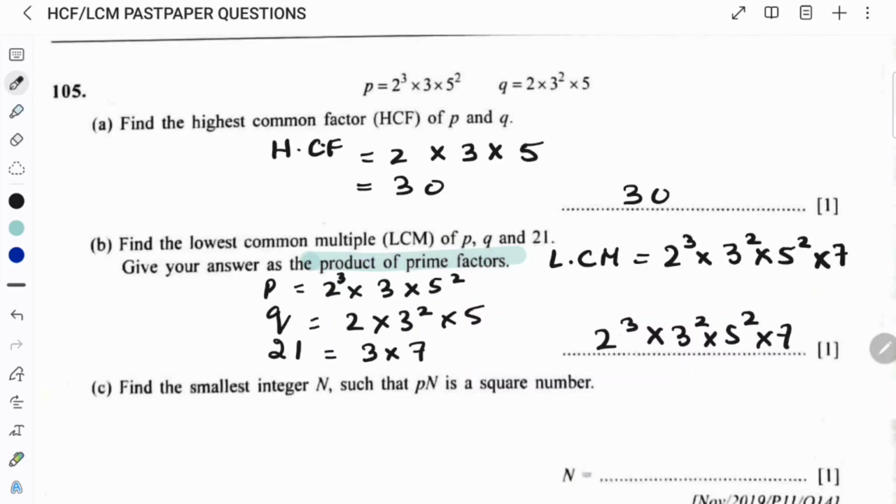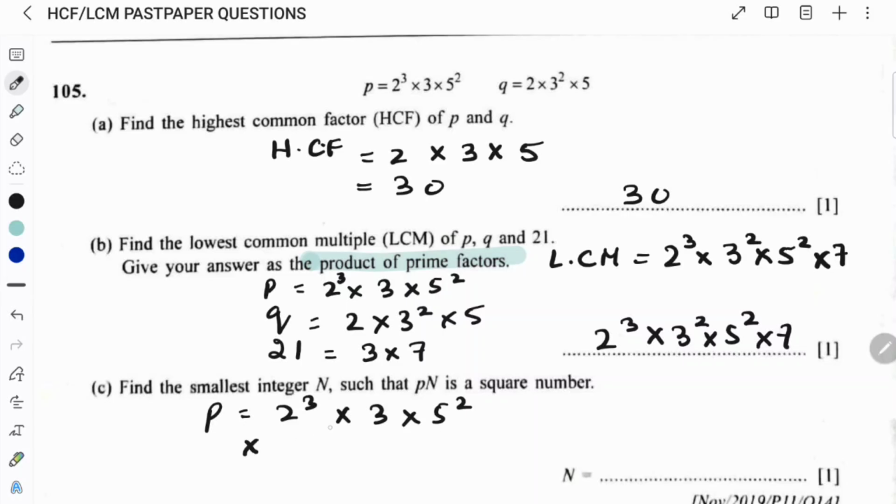Find the smallest number n in part C such that Pn is a square number. Okay, so we have P is equals to 2 cube into 3 into 5 square. We have to make a square number. Square number means even power.